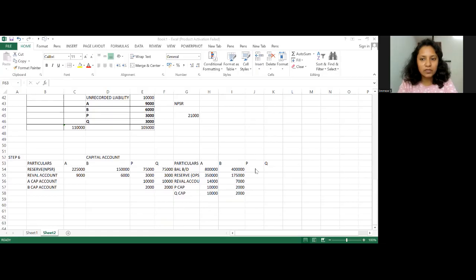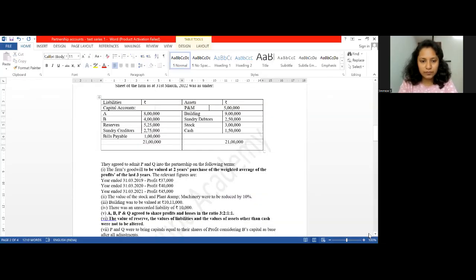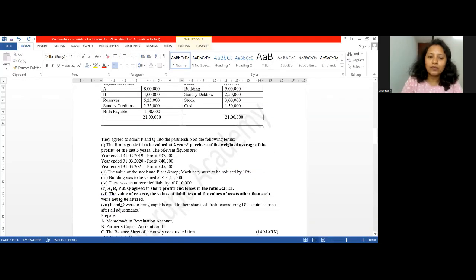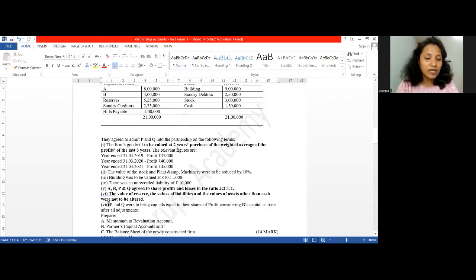Now we'll go back to the question. P and Q were to bring capital equal to their share of profit, considering B's capital as the base after all adjustments. So they have not given us what is going to be P and Q's capital. P and Q's capital is going to be equal with keeping B's capital as the base.